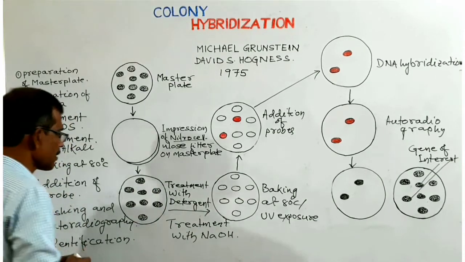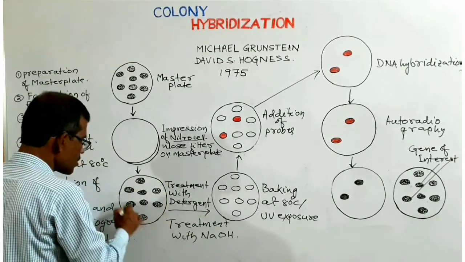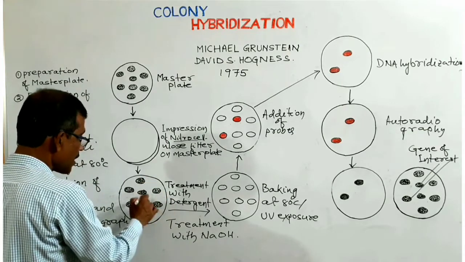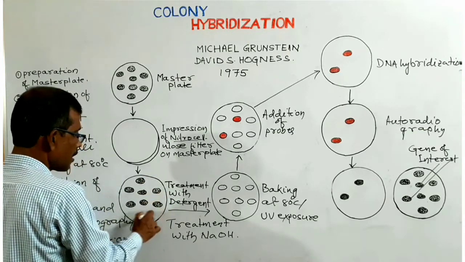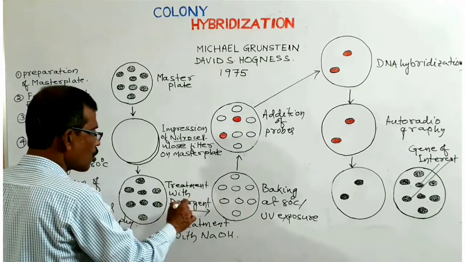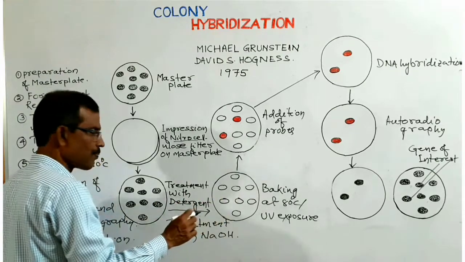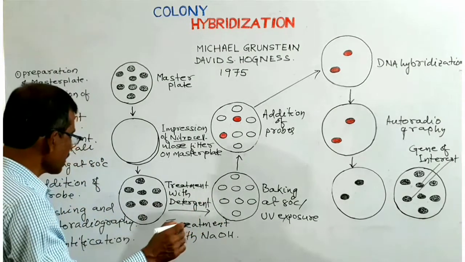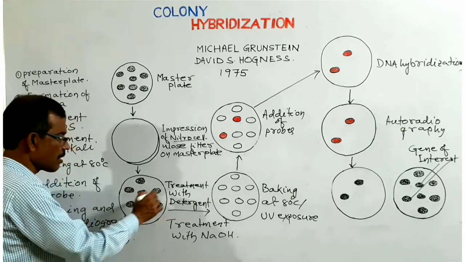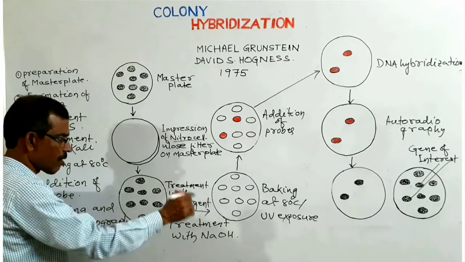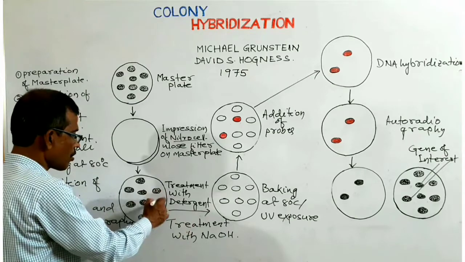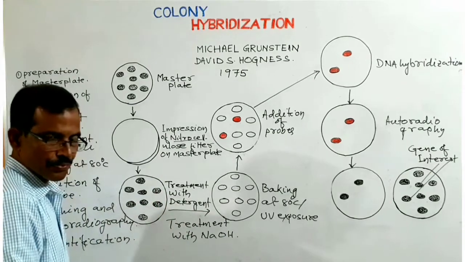For that, this nitrocellulose membrane is treated with sodium dodecyl sulfate. By treating the nitrocellulose filter with sodium dodecyl sulfate, the bacterial colonies will be lysed.